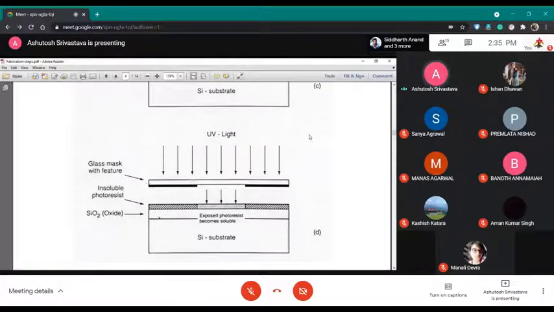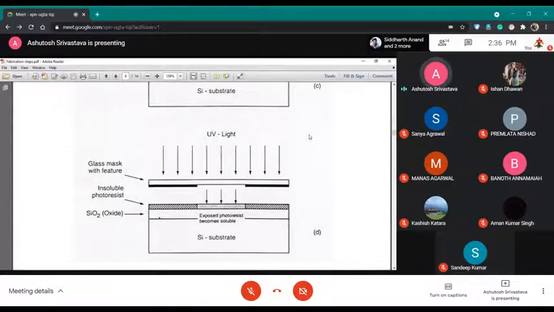So here you can see the ultraviolet light you are exposing, but it is having a mask such that some part of the exposed photoresist is becoming soluble and it reaches up to your gate oxide, while the other has an obstruction. So this is basically your glass mask.